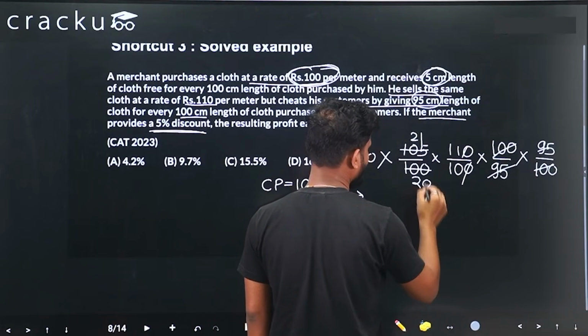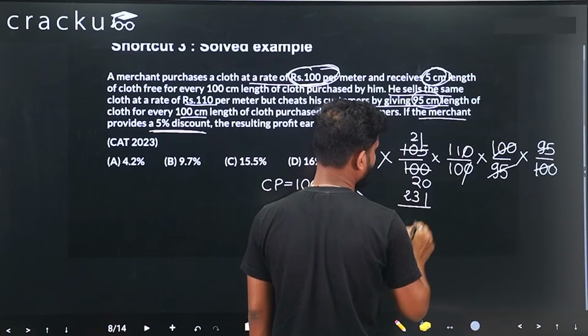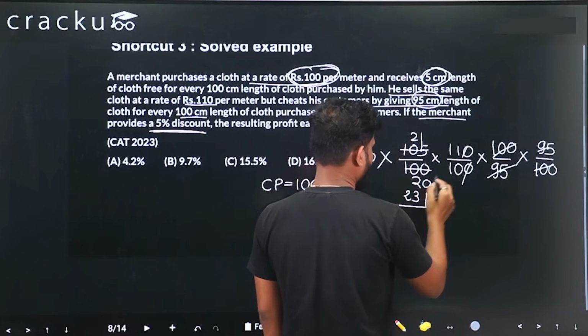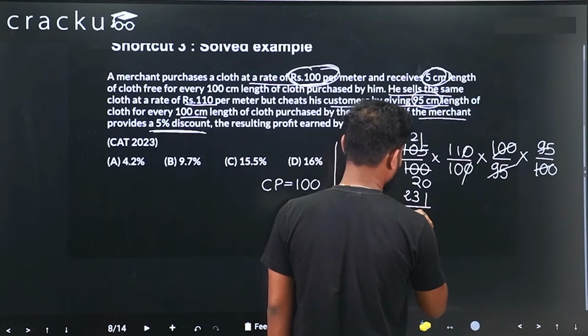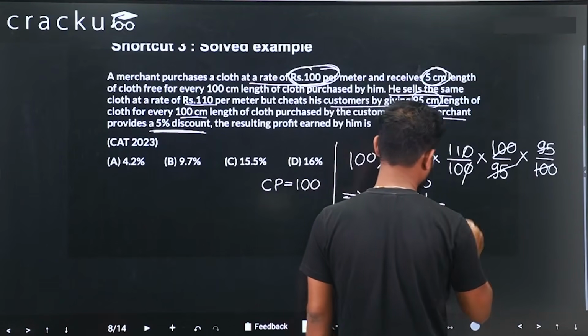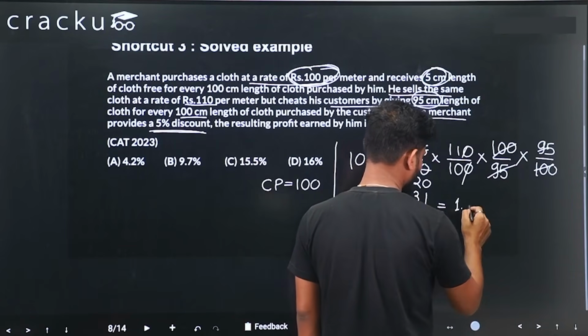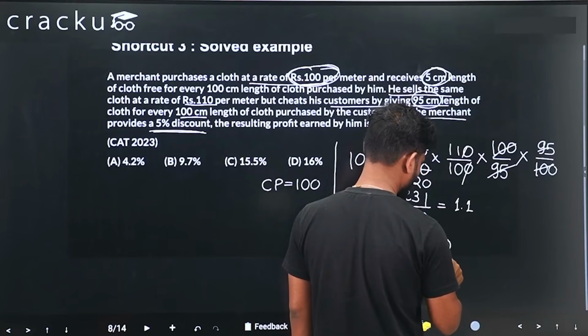You get 200. So if you do this, you will get 1 point. This is 310. You again get 1. So you minus 200 from here.